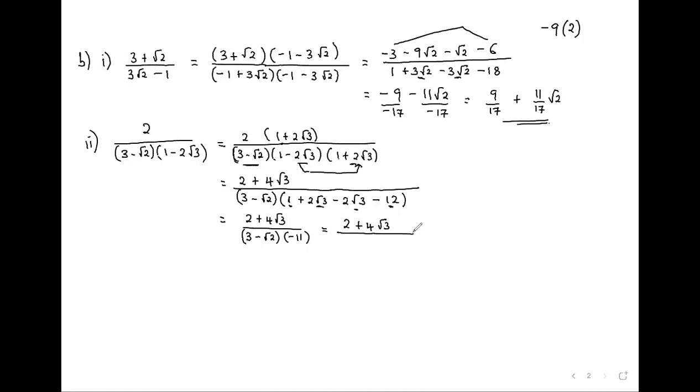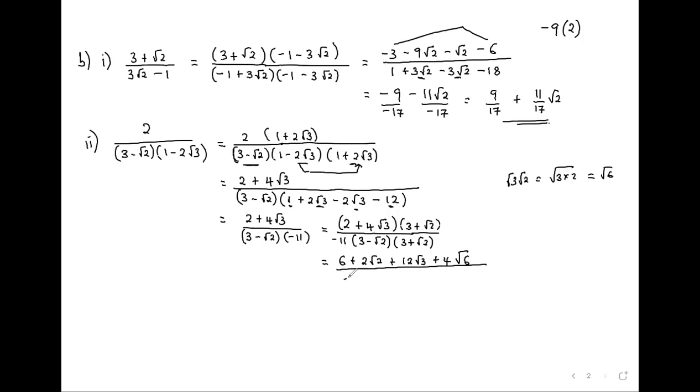We're now conjugating the down part, so we keep negative 11, multiply 3 minus root 2 by 3 plus root 2, and then on top, we have 3 plus root 2, giving us 2 times 3, we get 6, plus 2 root 2, plus 4 times 3, we get 12, and then we get plus 4 root 3 times root 2, which is the same as root 3 by 2, which is root 6, over negative 11.